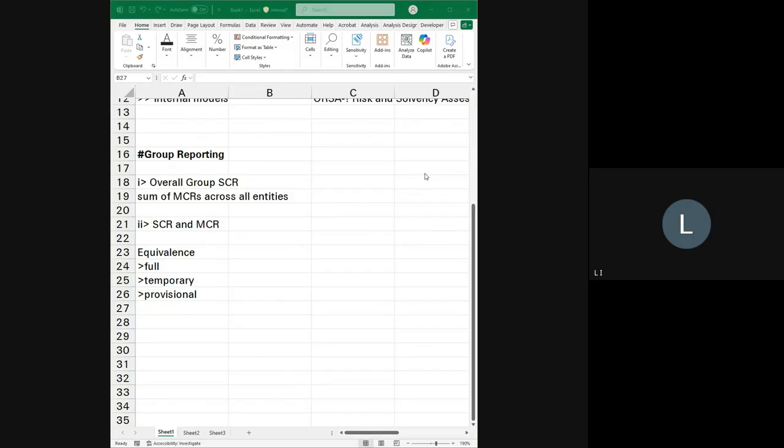PBR is again state based, so it is not the same for every state. Like I said, there's no consistent regulation across all 50 US states. That's a very big problem in the US for insurers, because they need to tackle a lot of regulations. PBR came into effect, I think, in 2017, and onwards they need to calculate principal based reserves.